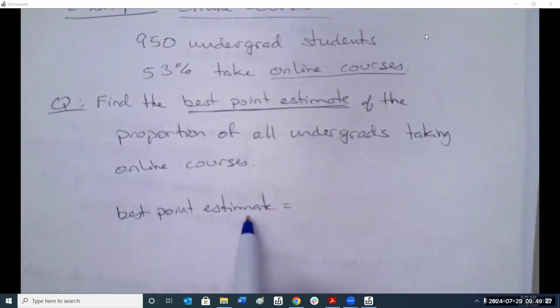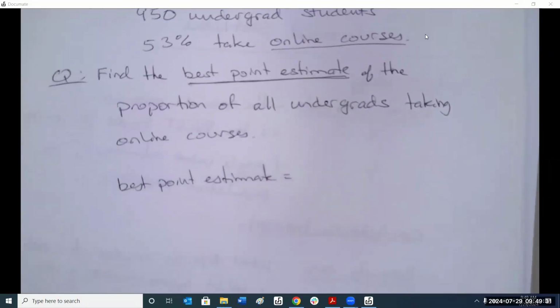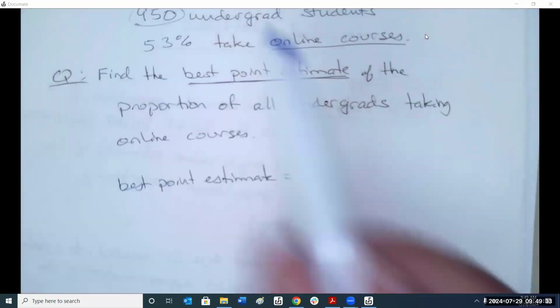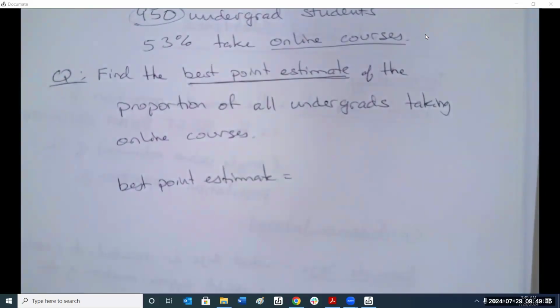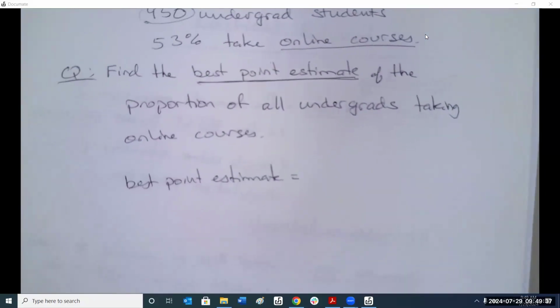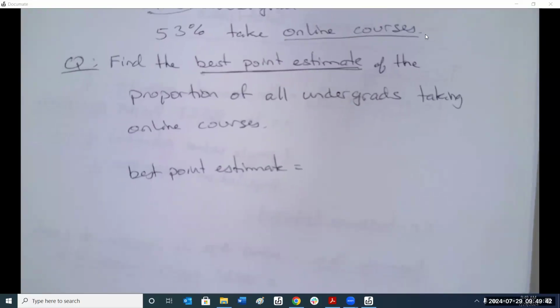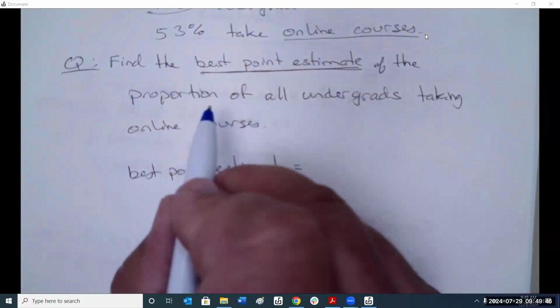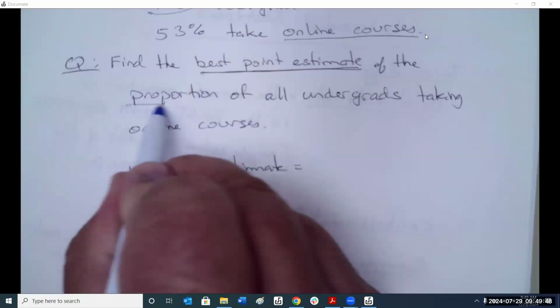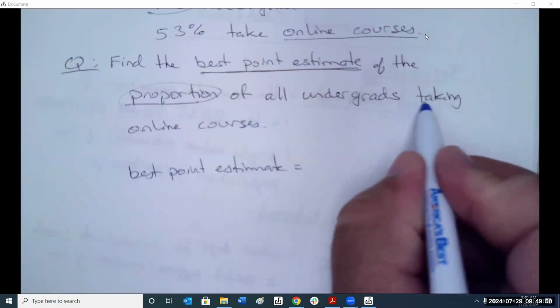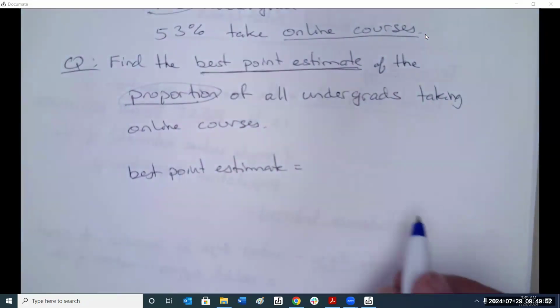If we're using best point estimate, we're using a sample to predict the population. Because this is only 950 students. That's not even 1 year of students at Mountain View. So that's a very, very small number. And then it says, okay, of the proportion of the sample of all undergraduates taking online courses.